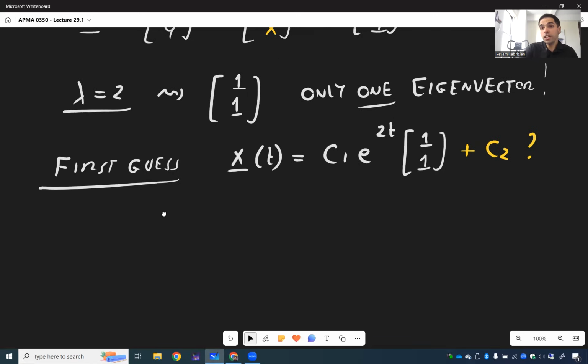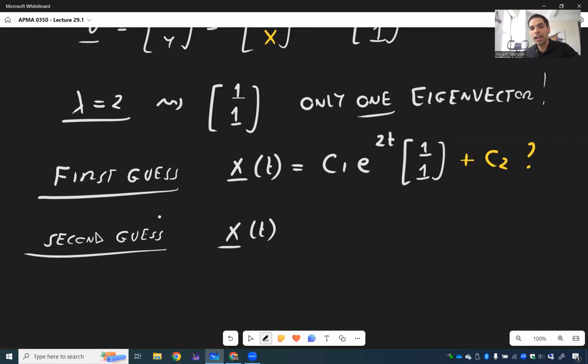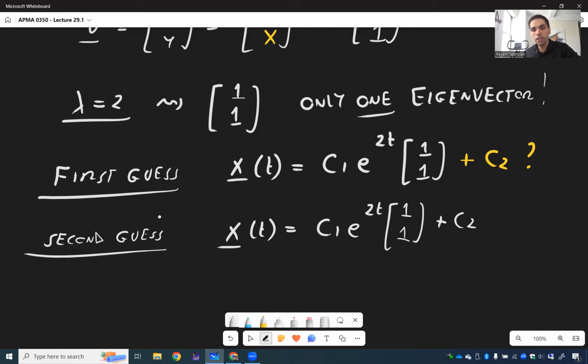And well, let's think about this a little bit. Based on what we know about repeated roots for second order ODEs, a natural second guess would be x of t, again, is C1 e to the 2t (1, 1) plus C2 t e to the 2t (1, 1).